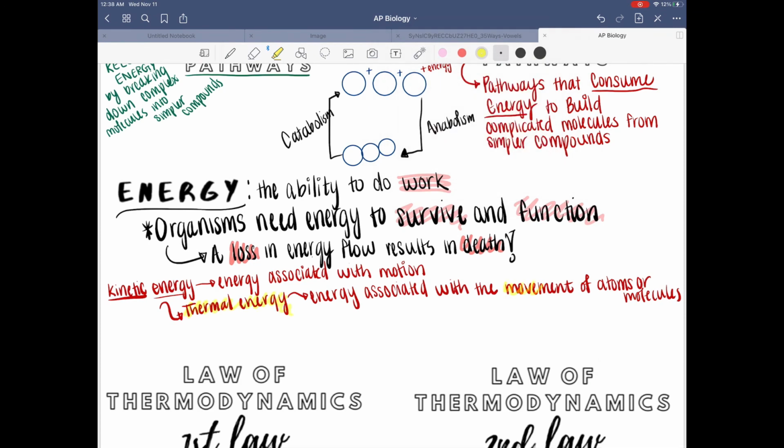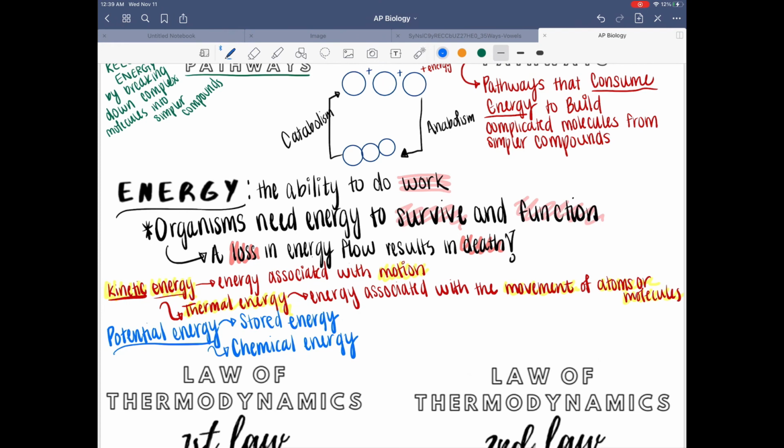The other type that you guys already know as well is potential energy, which you know is your stored energy. And within potential energy, I want you guys to understand chemical energy is going to be the potential energy that we have available for release in a chemical reaction.